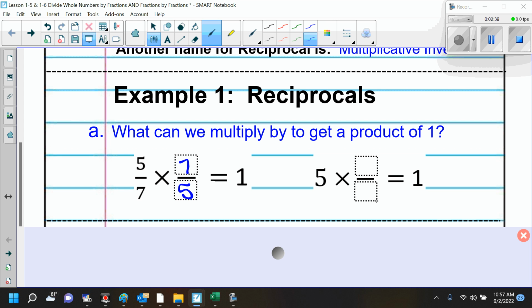Now, look at this one. What am I going to multiply times to get 1? For the whole number, in order to make it a fraction, we can just put this over 1. Very good. So when we flip that, the reciprocal is 1/5. And when we multiply that, that's 5/5, which gives us 1 whole.